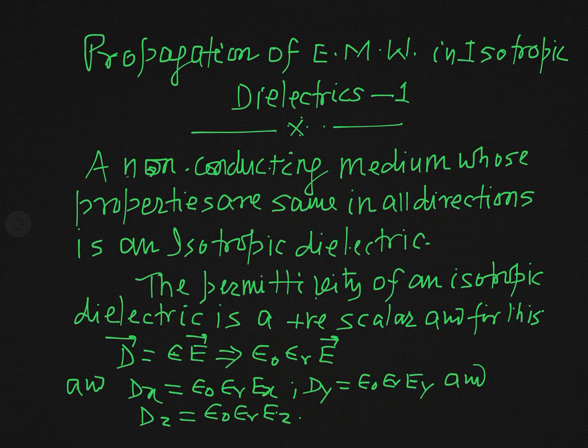In case of an isotropic dielectric medium, the electric displacement vector D and the electric field vector E are related by this linear relationship: D is equal to epsilon into E, and here epsilon is the permittivity of the dielectric, given as epsilon naught into epsilon r into E.